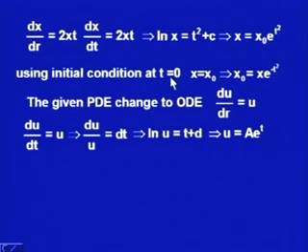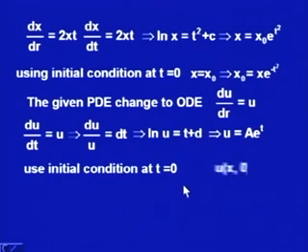Initial condition says at t is equal to 0, u would be a. At initial condition t is equal to 0, u(x, 0) was x, that was our initial condition given to us for this one. So, at t is equal to 0, x is x naught and u(x naught, 0) is given as x.